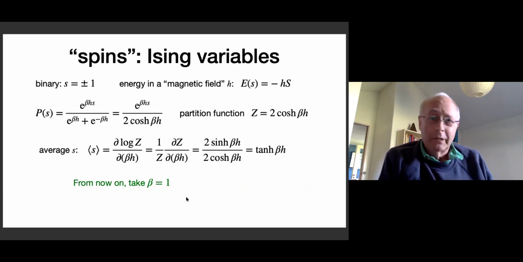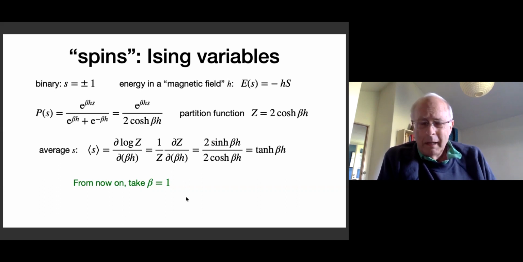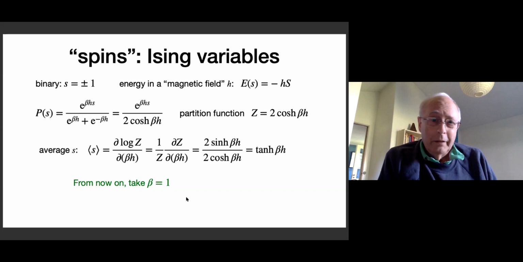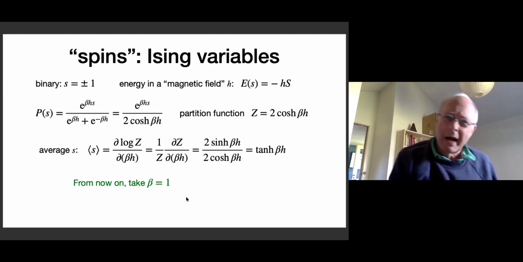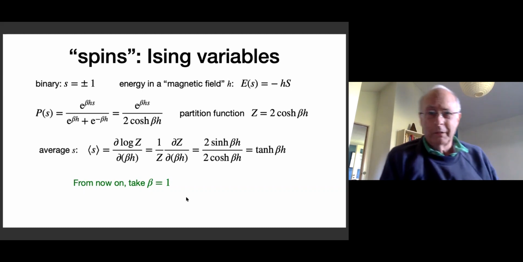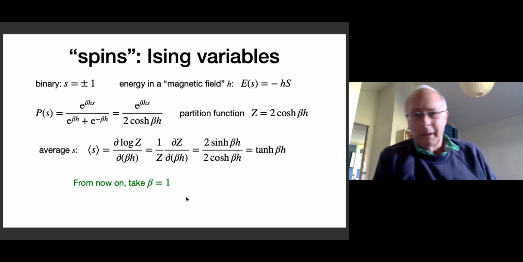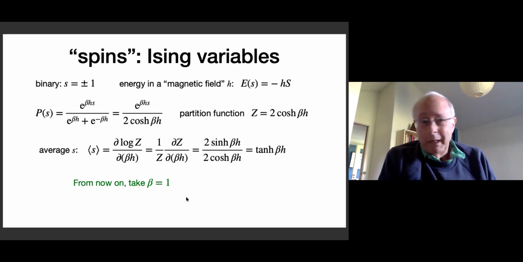The simplest kind of variables are ones that can only take, say, 2 values, and we'll take them to be plus or minus 1. If we were thinking about little magnetic moments in a material, then the energy is minus H times that plus or minus 1 if it's in a magnetic field H. So this is the background for how this kind of model was developed.